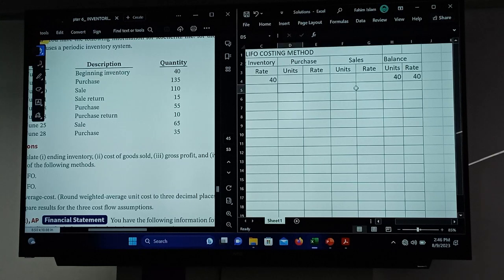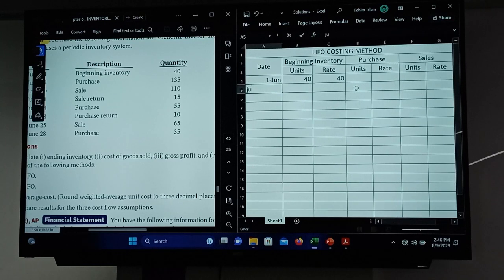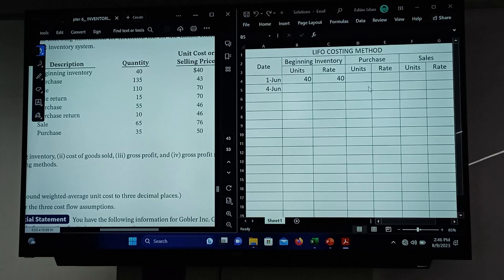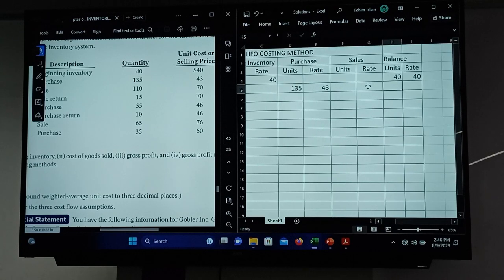Then moving on to the second date, June 4, we purchased 135 units at a rate of 43. We should write that in our balance; we are doing it in the perpetual method, so it will be 40 at 40 and 135 at 43.